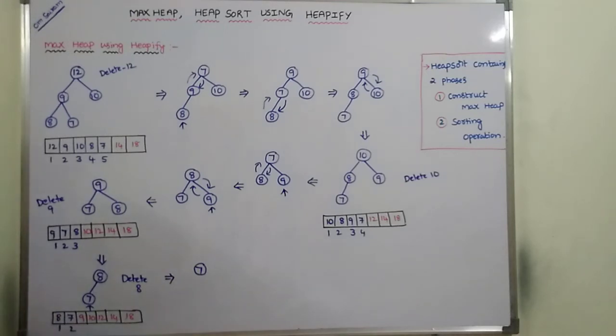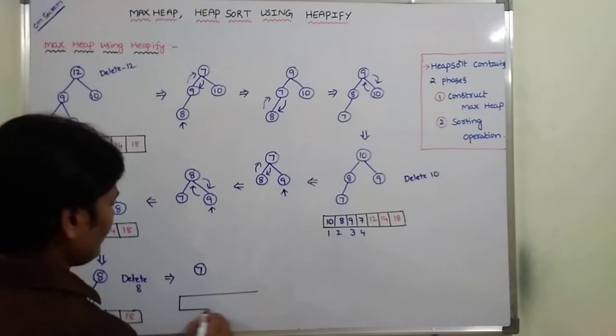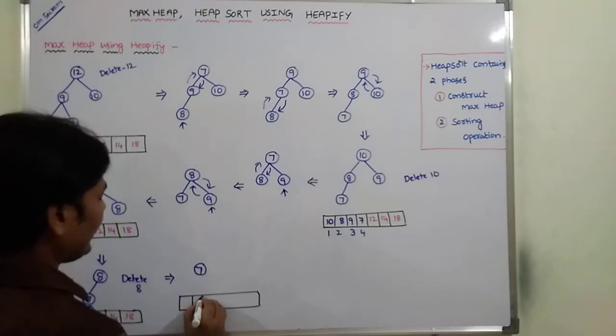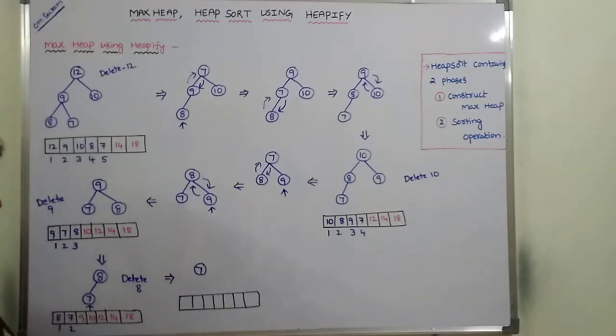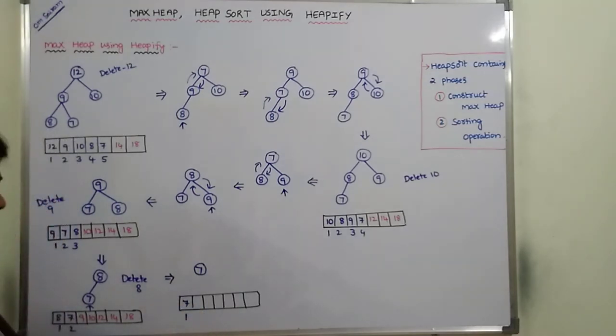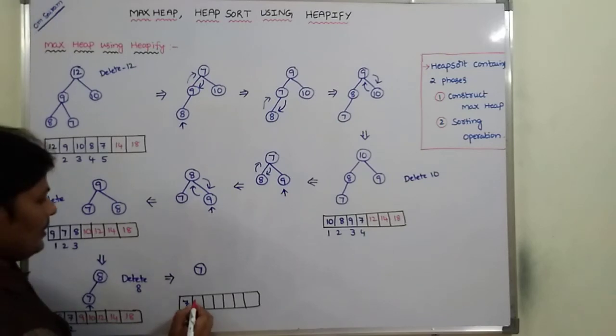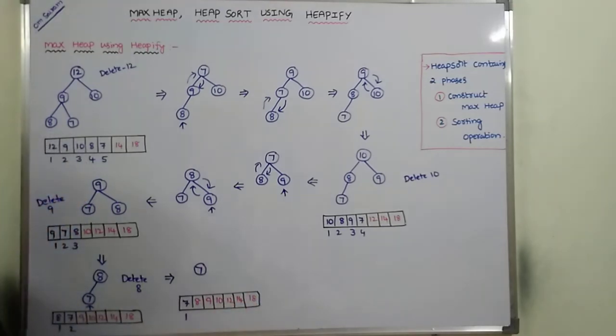So now this is the array representation after deleting 8. After deleting 8, only 7 is there, and the remaining elements are 8, 9, 10, 12, 14, 18. Okay, only one single element is there after deleting 8.